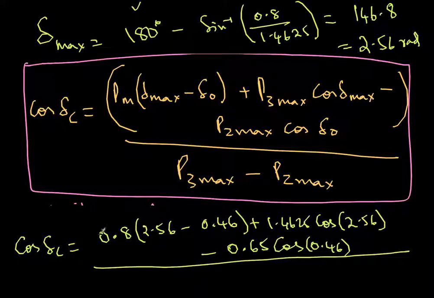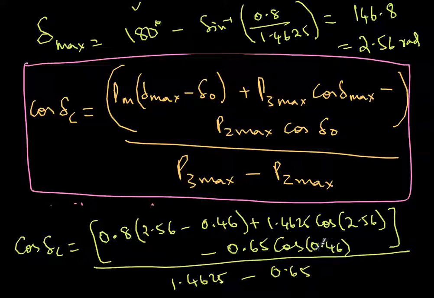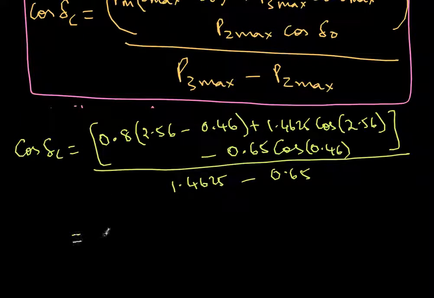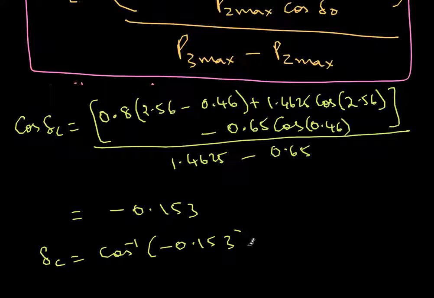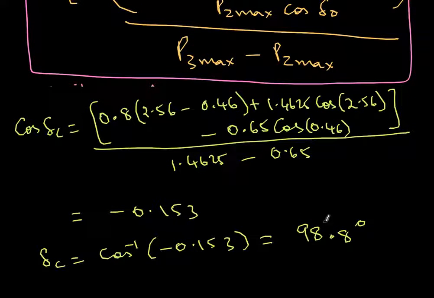And this whole thing divided by P3 max, 1.4625, minus P2 max, 0.65. If you calculate this, the answer turns out to be minus 0.153. So from that, this is cos inverse of minus 0.153. So that will be 98.8 degrees. So this is the critical clearing angle.